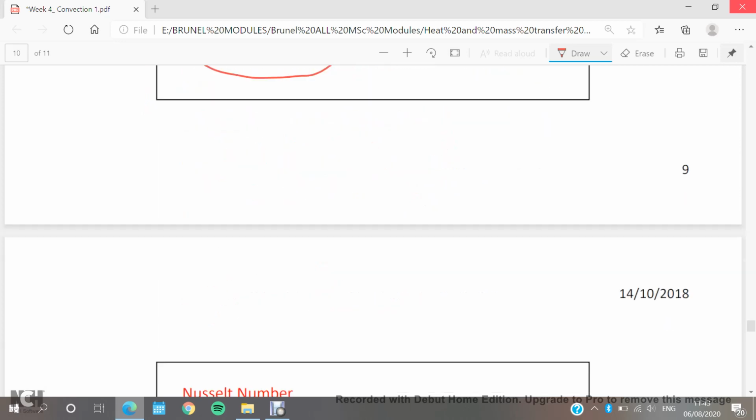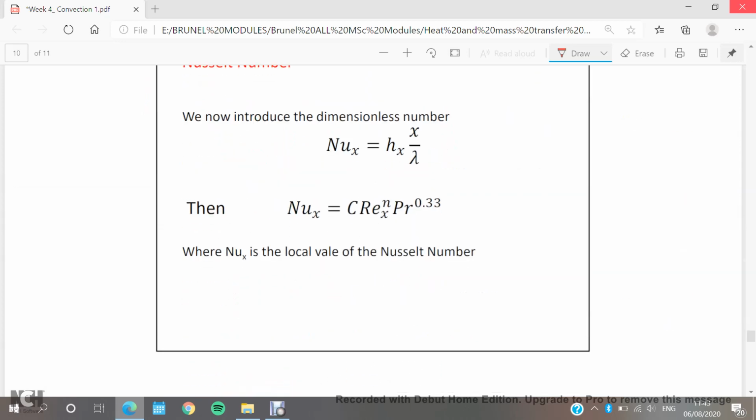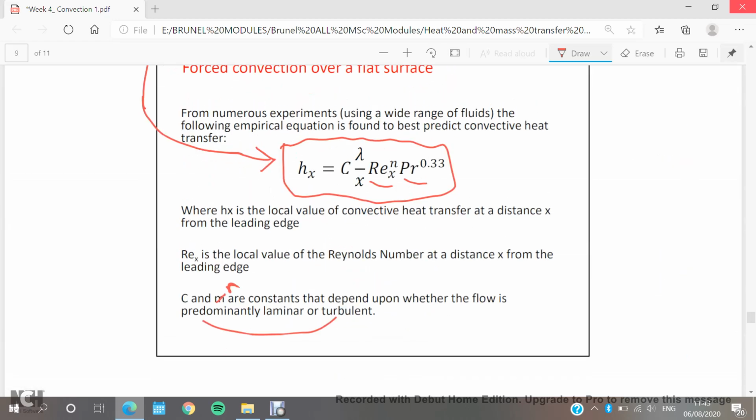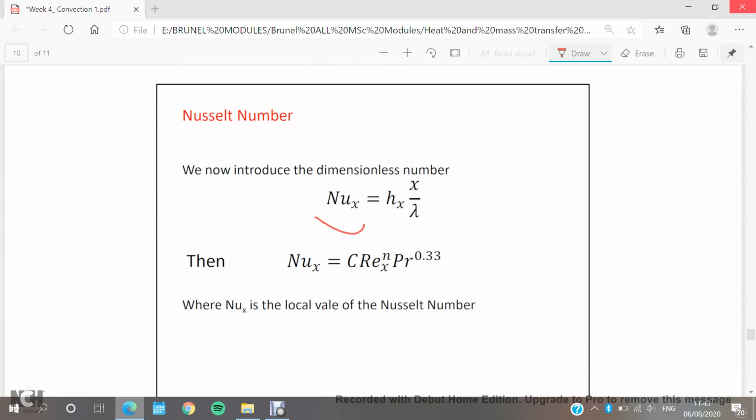Very good. The Nusselt number is another dimensionless number. It is equal to the heat transfer coefficient, which we are calculating from here, times x divided by lambda, where x is the leading edge distance and lambda is the thermal conductivity.